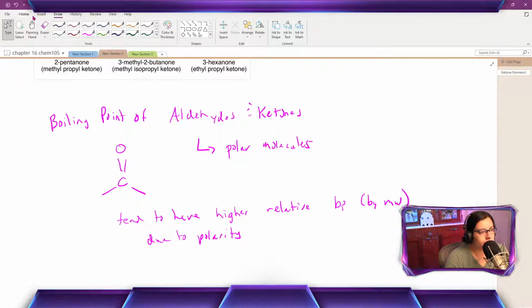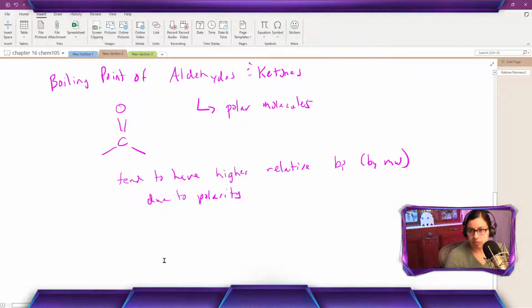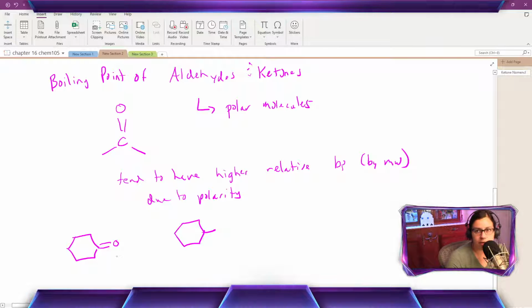And so just comparing this compound versus this compound, this would have the higher boiling point.